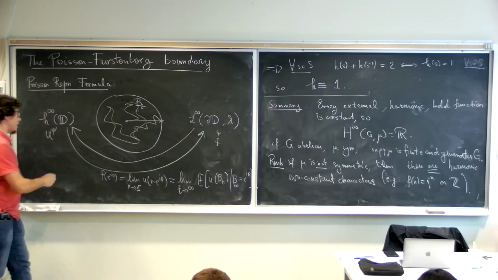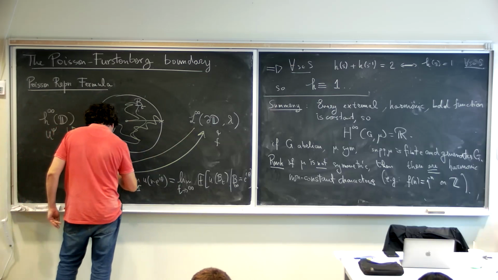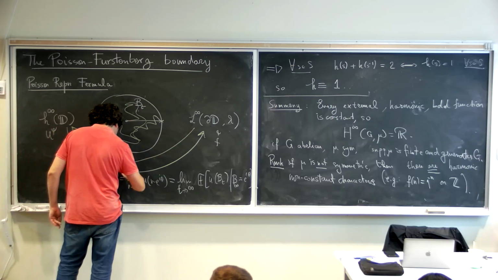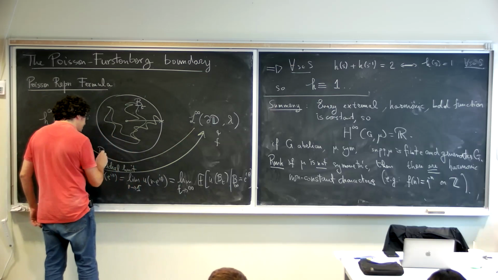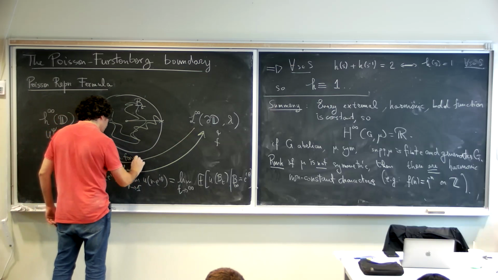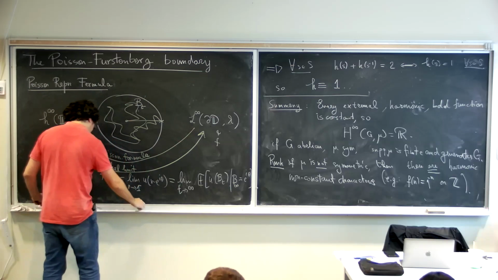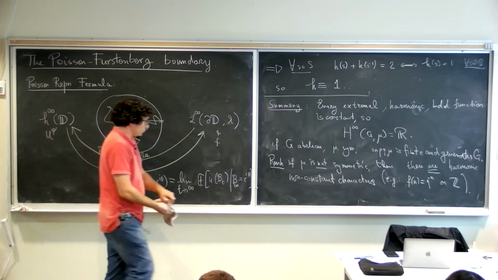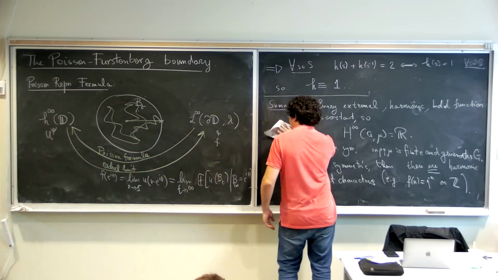Now the other thing is how do we go the other way around? So this is taking a radial limit, and the other one is the famous Poisson formula. What is the Poisson formula?